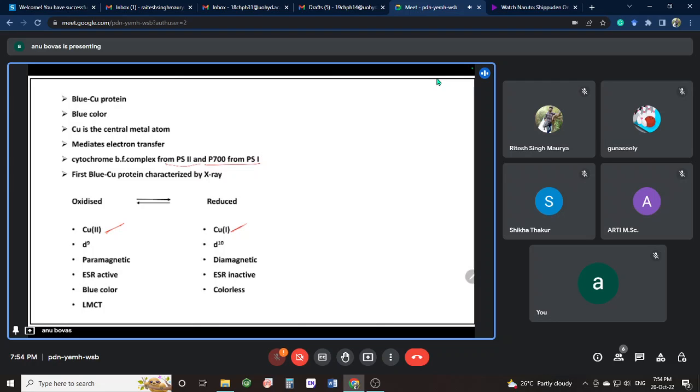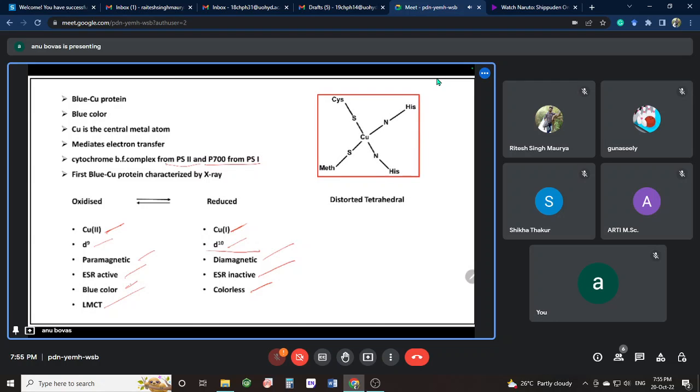Copper 2 means the electronic configuration is d9, copper 1 is d10. d9 means it has one unpaired electron, so it will be paramagnetic and ESR active. This will have blue color due to ligand to metal charge transfer. Whereas the reduced form is d10, completely paired, so diamagnetic, ESR inactive and completely colorless.